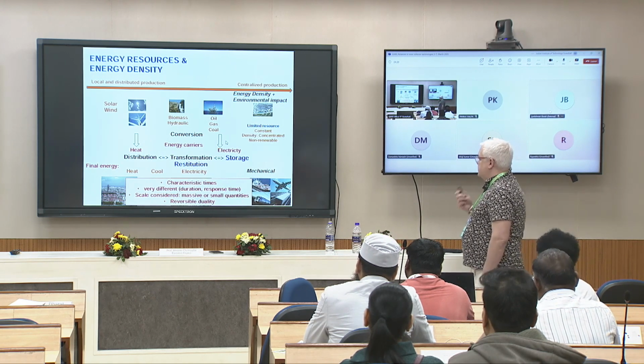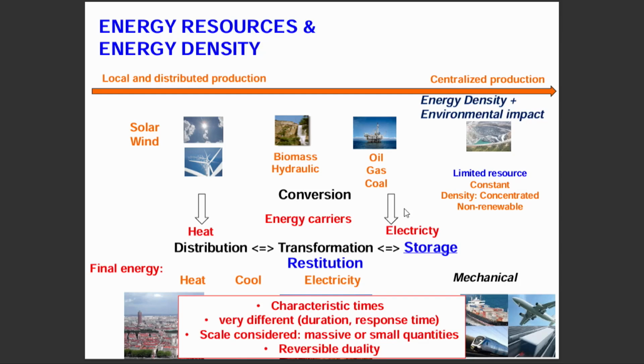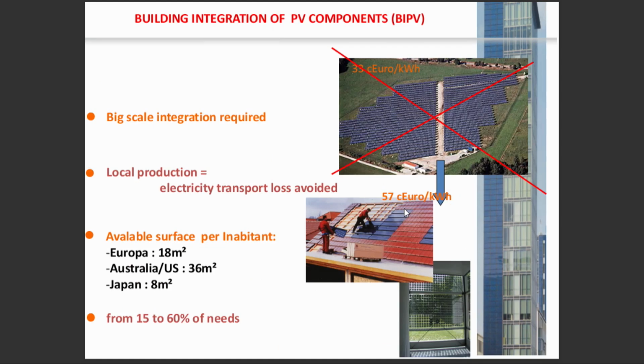So we try to find solutions that will consume less and allow to produce integrated energy. When I'm starting from the PV, we found some PV central, especially in a big desert and in areas where you can't do anything.